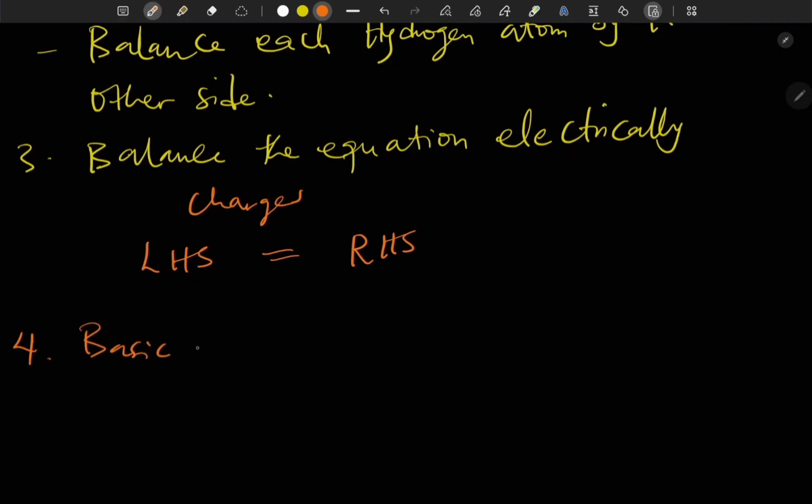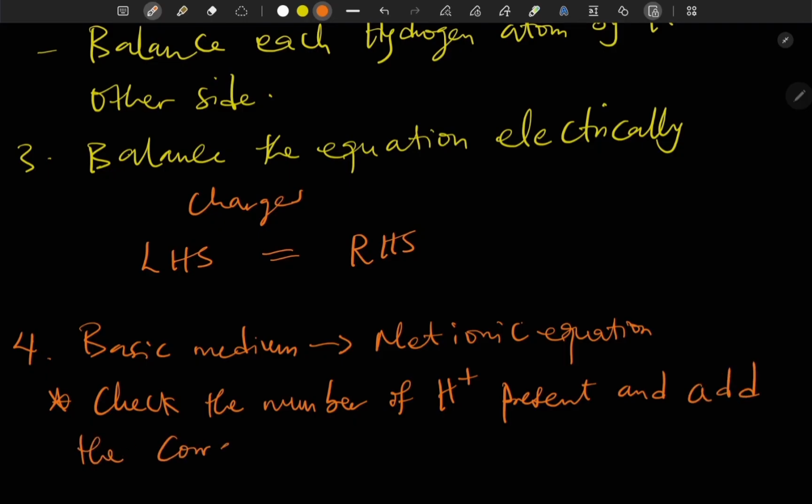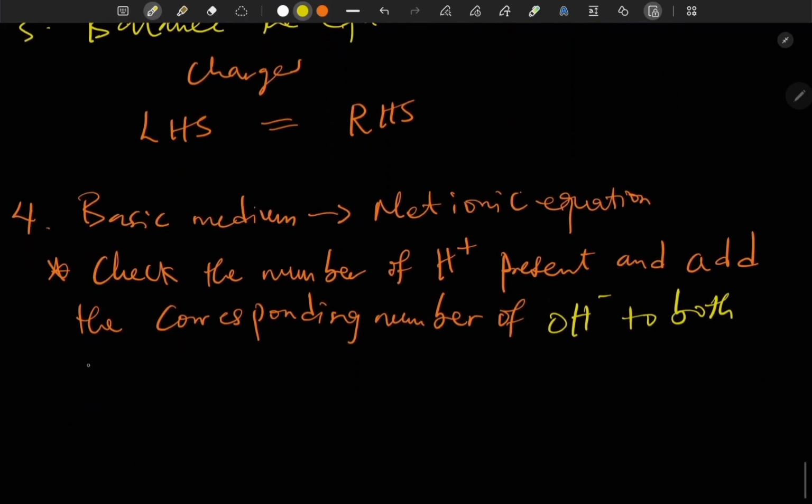Now, this is what makes balancing of redox reaction different in basic medium. Because we have a basic medium, by the time you get your net ionic equation as though you balanced in acidic medium, you are going to check the number of H plus present and add the corresponding number of OH minus to both sides of the equation.